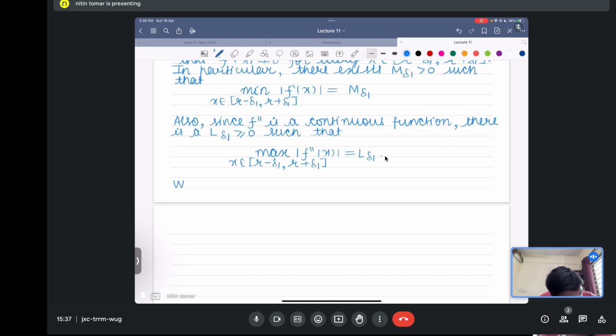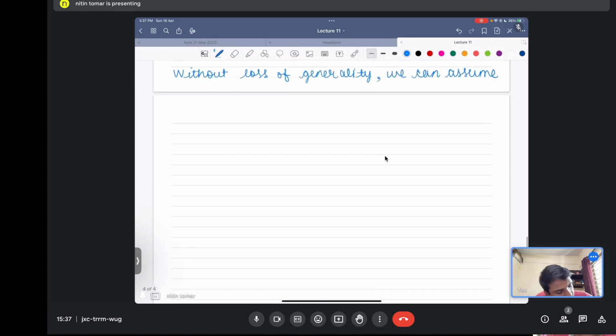So without loss of generality we can assume that this L delta 1 is strictly positive, because if it is 0 then f double prime over this interval will be 0. So without loss of generality we can assume that L delta 1 is strictly positive.